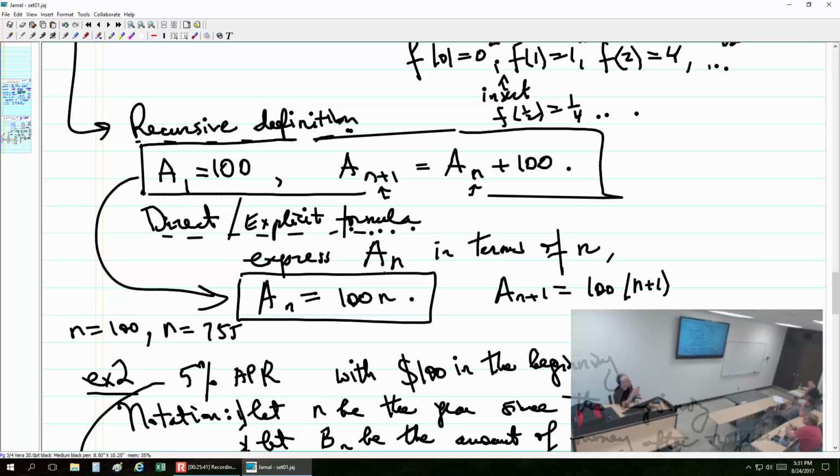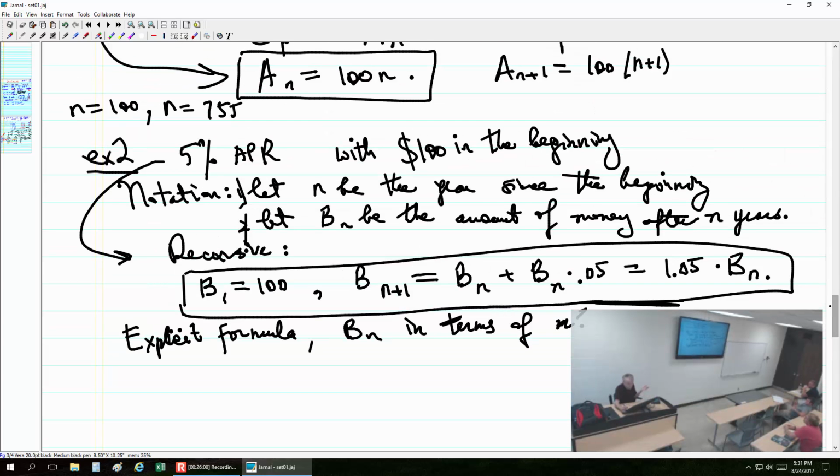We have this formula, 100 times n. The same thing happens here, except the abbreviation of the repeated multiplication is the exponent. Okay? So then Bn is equal to what?